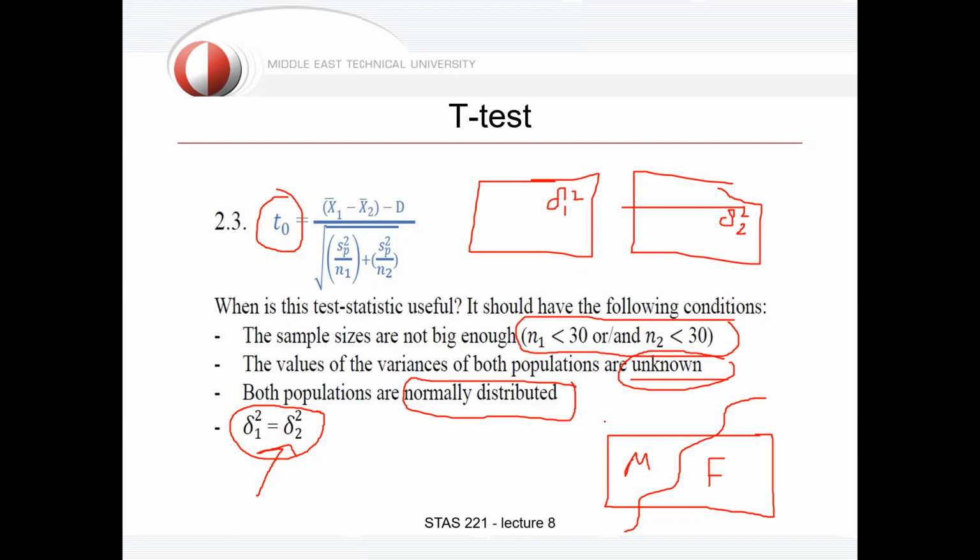We don't know the values of sigma 1 and sigma 2, but we know that they are equal, because they are derived from the same population. So their nature is basically the same, but their means can be different. Like the height of students, the variance could be exactly the same, but the mean for male and female could be totally different.